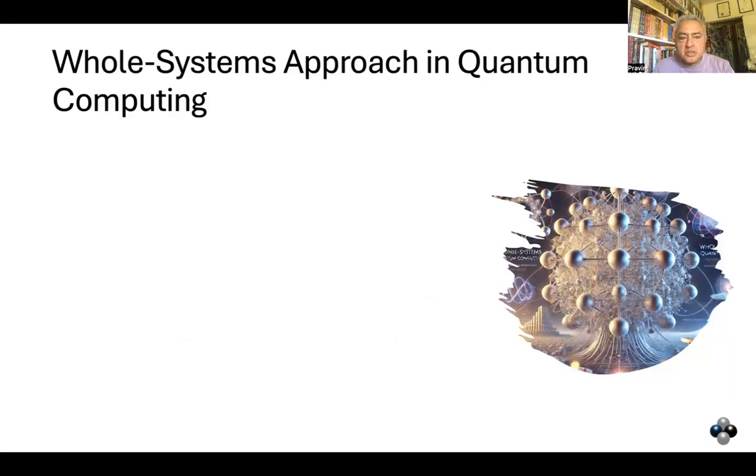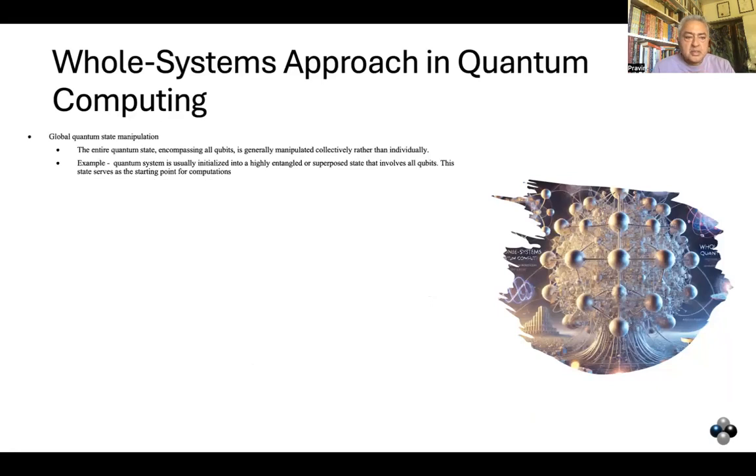When we look at whole systems approaches in quantum computing, there are some parameters or properties that distinguish these. One is that of global quantum state manipulation. And this can be thought of as the entire quantum state generally being manipulated collectively rather than individually.